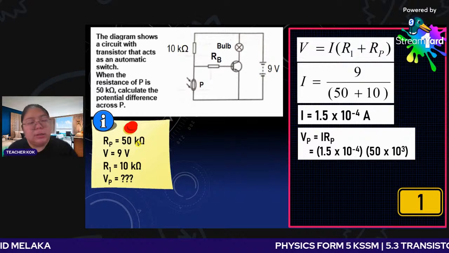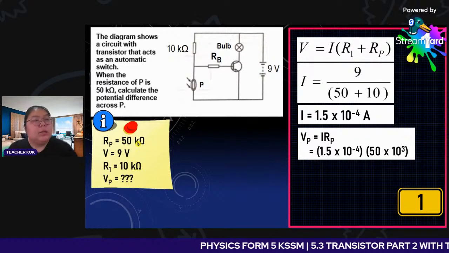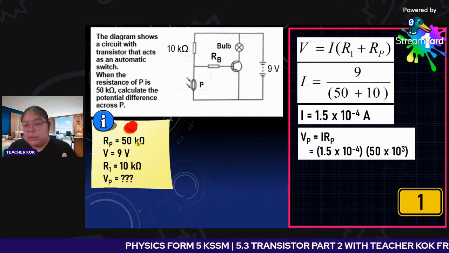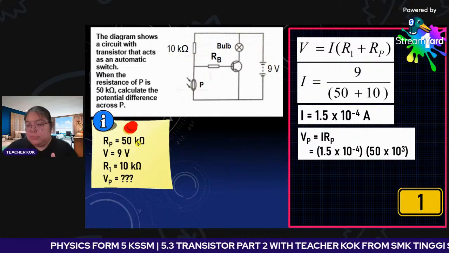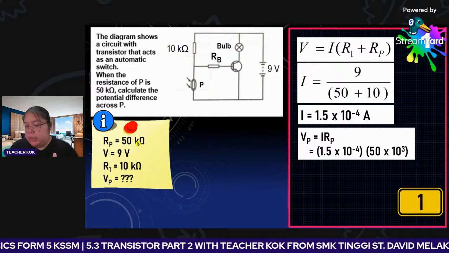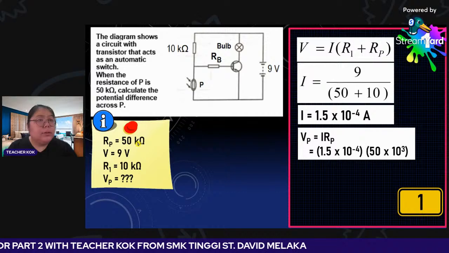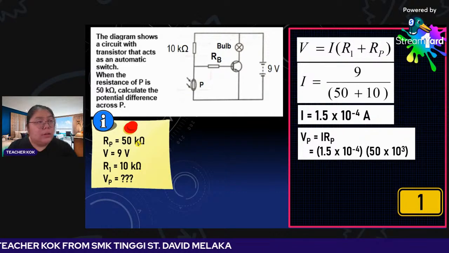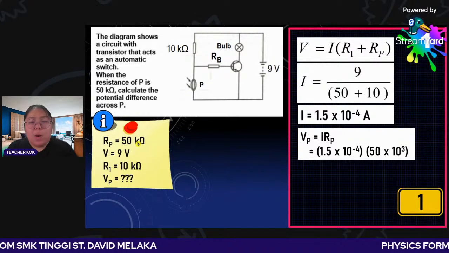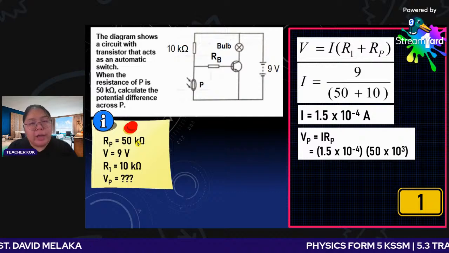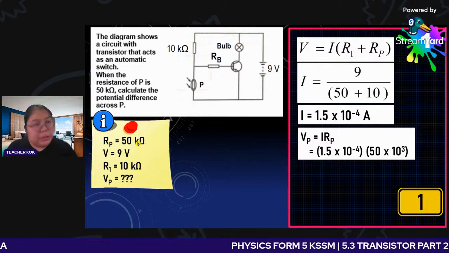What is your answer? Can anyone give me VP? We are going to check. Can any student give the answer? What is the voltage across resistor P?